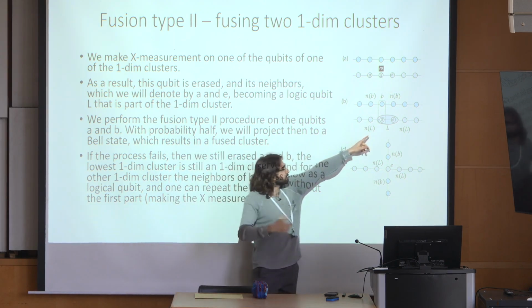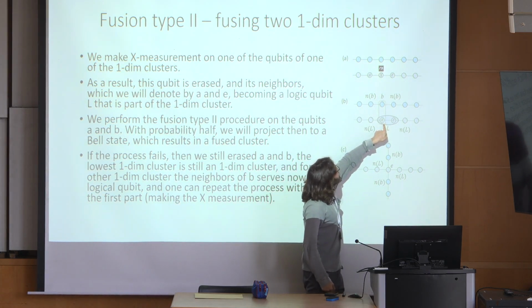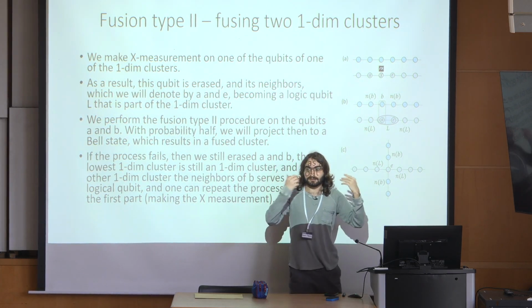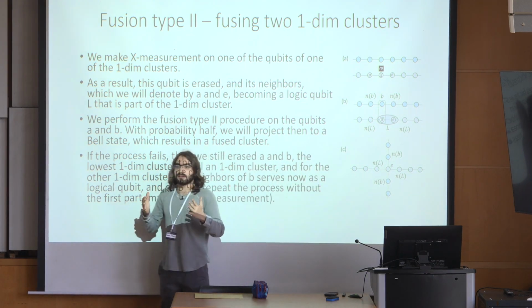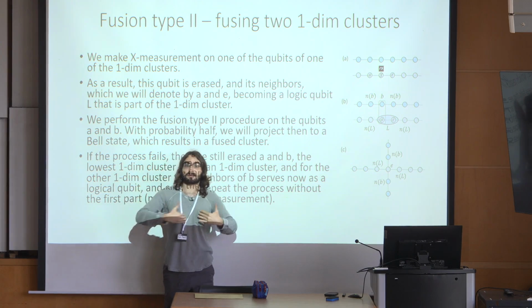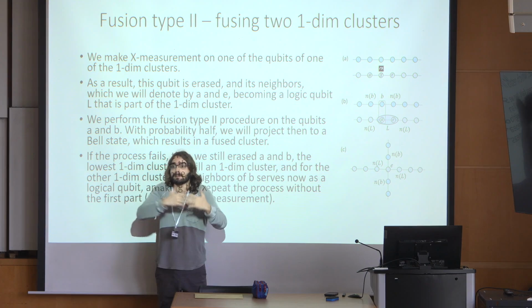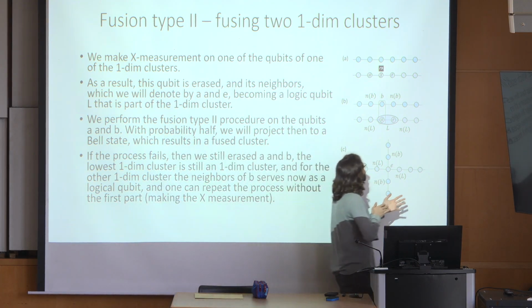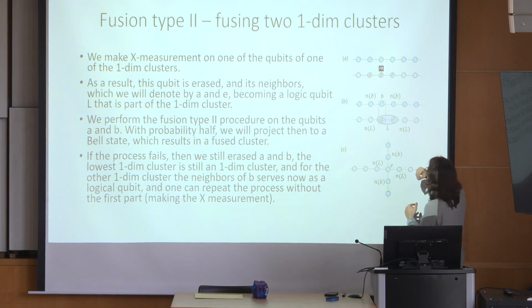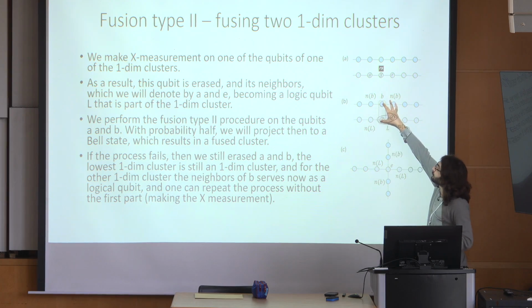I will show it in a minute. But we do some operation on them, and then we also measure the output channels, which is actually saying we're projecting them on some 2-qubit state. Now, what the projection will be depends on what we measure in the output states.